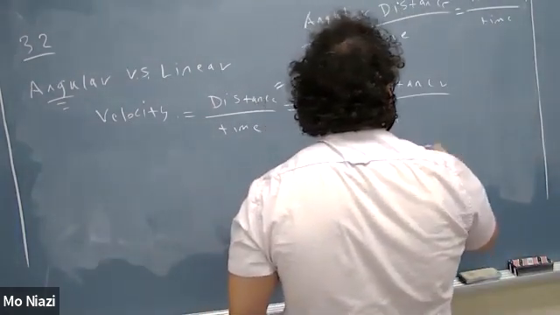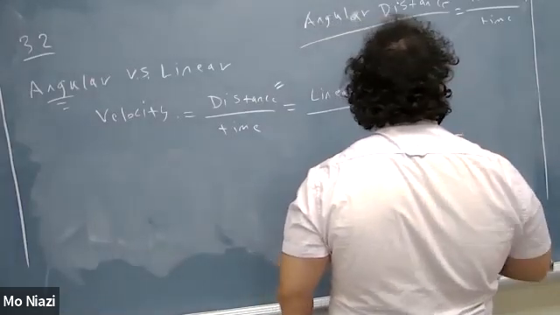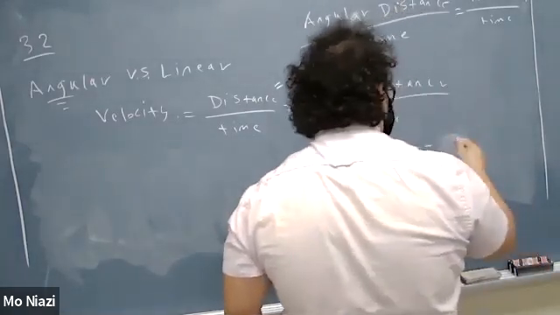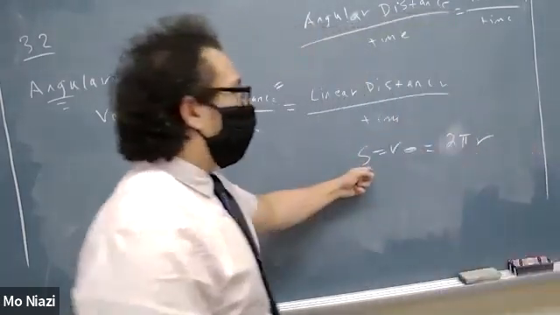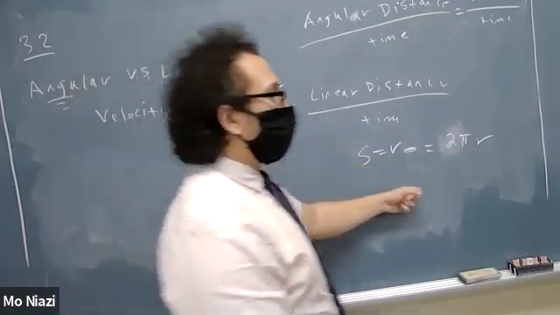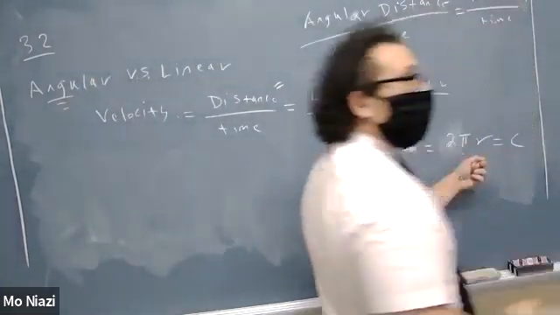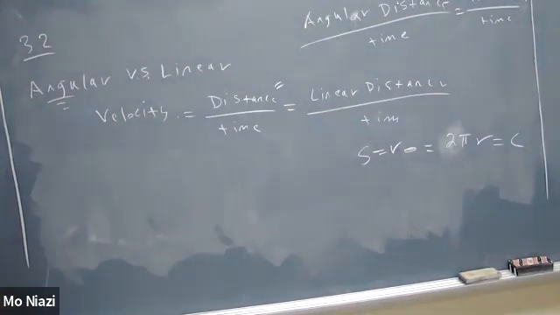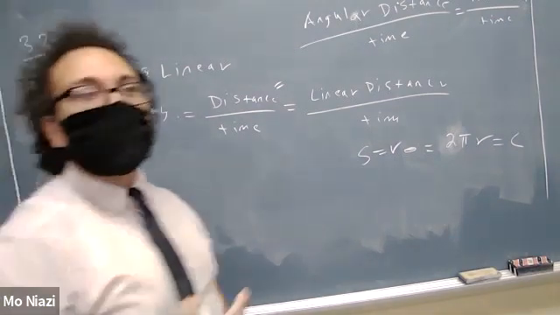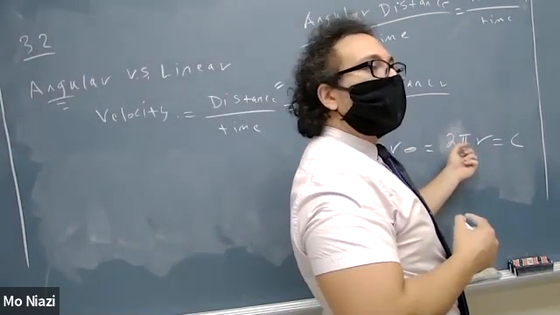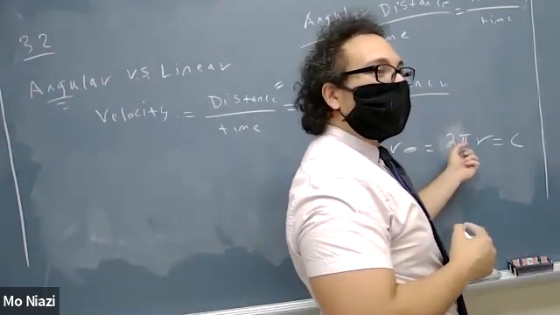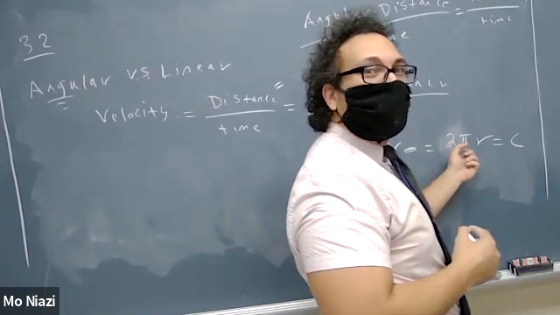If theta is equal to 2 pi, you get 2 pi r. This is the same thing as circumference, is it not? The circumference of a circle is 2 pi r. Look, we derived the circumference of the circle formula just by applying the arc length formula to a full rotation. This is why they tell you the circumference is equal to 2 pi r. Isn't that cool? Isn't math cool?